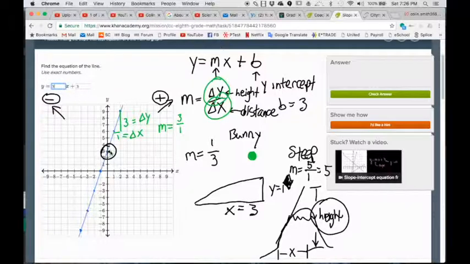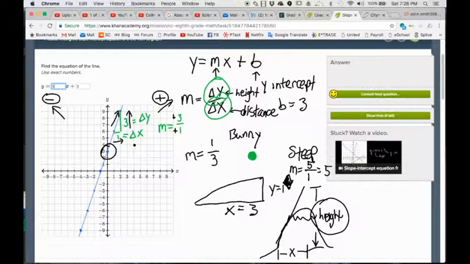You can tell because we're moving in the positive direction in x this way, and in the positive y direction this way as the line goes up. So we have a positive 3 over a positive 1. So that's why we know that this is right. Ba-ding! All right, got it.